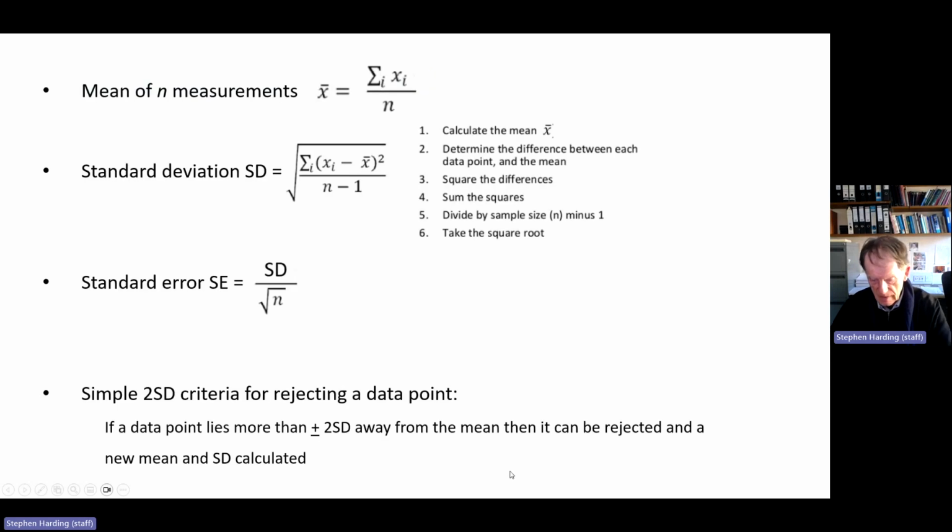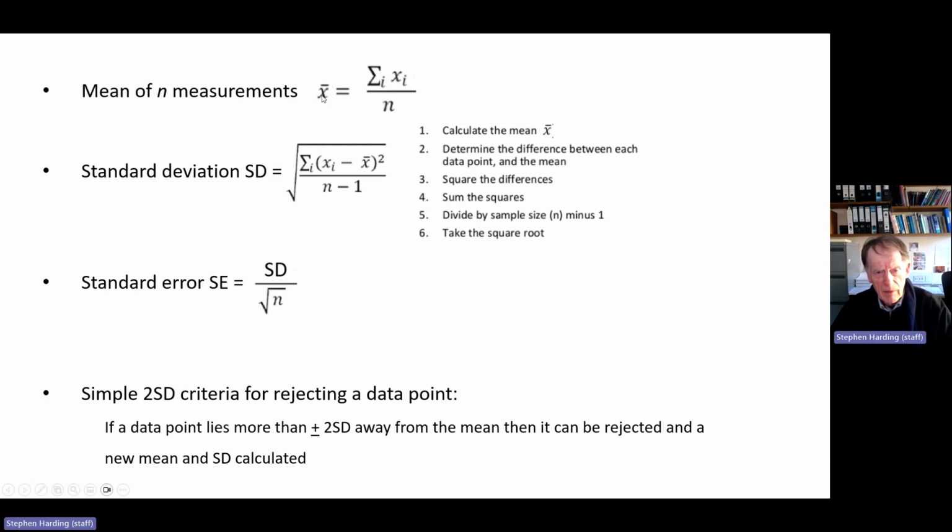All right, let's just see if we can advance the screen. There we go. Okay, so for this we need to consider means, the formula for standard deviations, and I'm sure for many of you you'll be familiar with these, but there's no harm in doing a bit of revision. So first of all, the mean of n measurements.